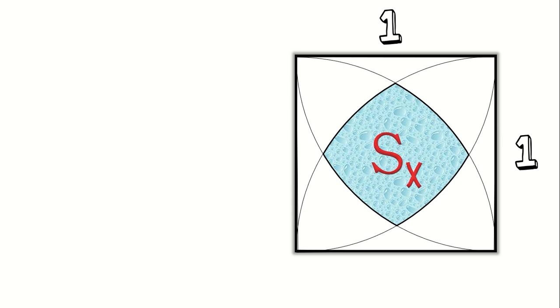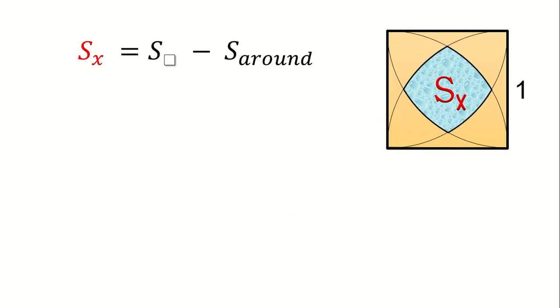Next, we want to know about the area of blue colored, which we denote as Sx. Sx is equal to the area of a square minus the part of a round area. So Sx is equal to S square minus S around, which I colored with yellow.